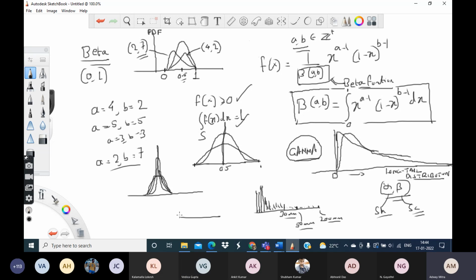There can be a low peak like this, or there can be a high peak like this. And whenever there is a peak, there is of course the question of how sharp its ascent and descent will be. These kinds of things are taken care of by these shape and scale parameters, and also by the nature of the function.